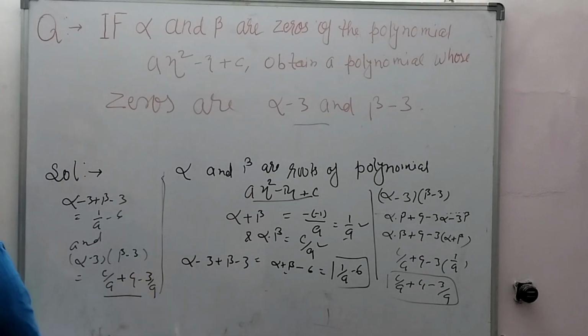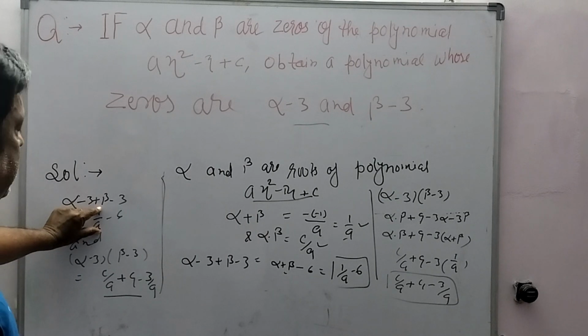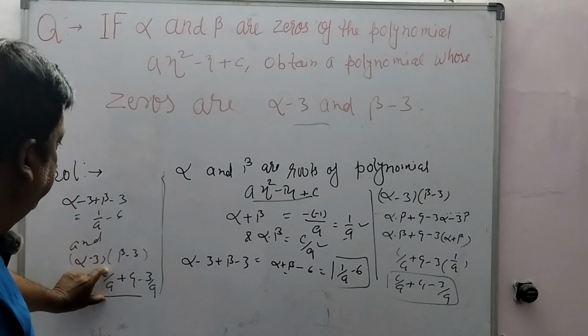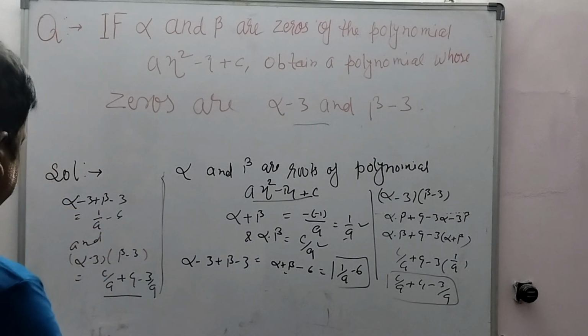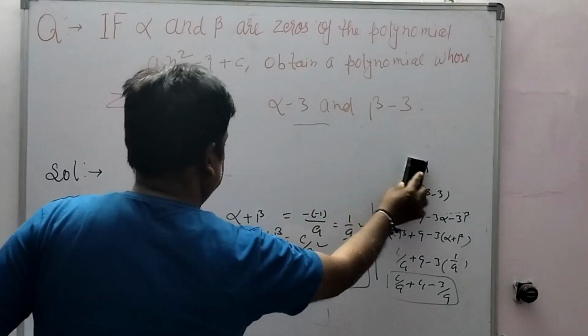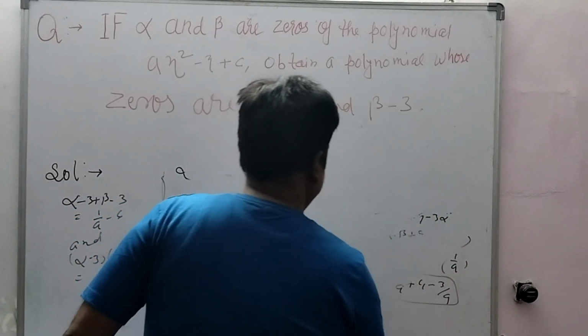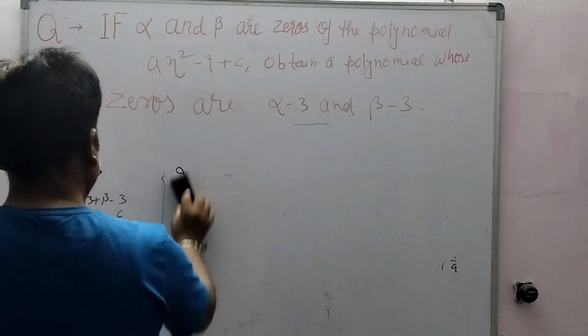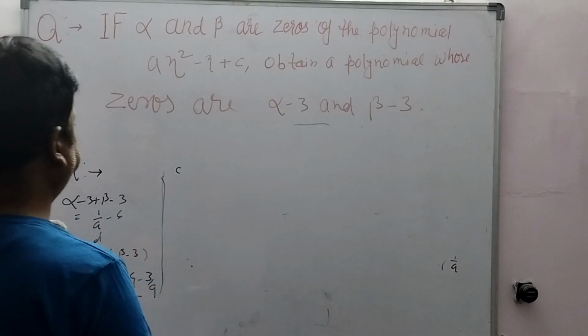Now we are using only these two to form the new polynomial.